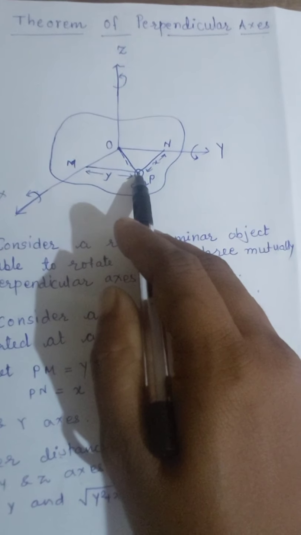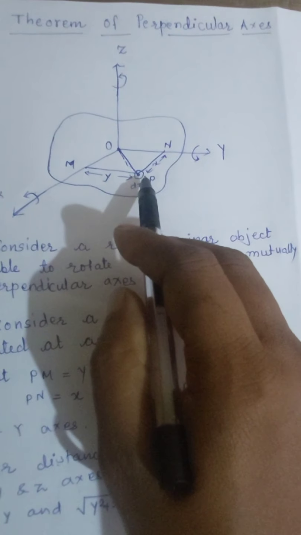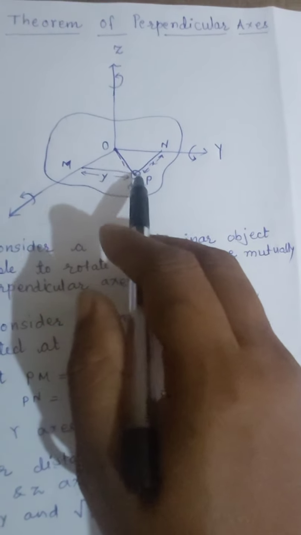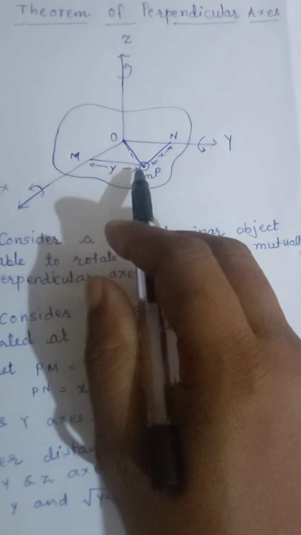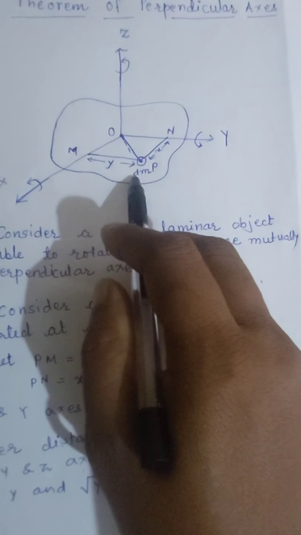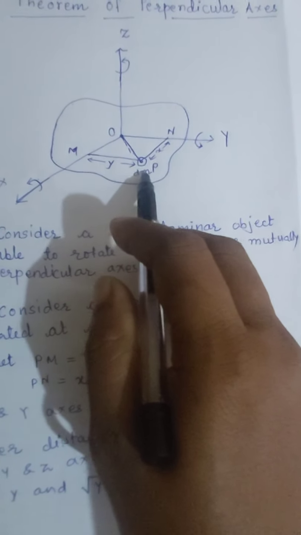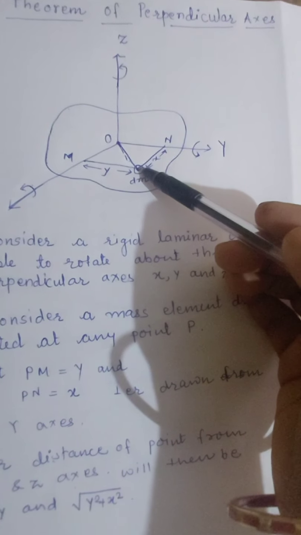According to the definition of moment of inertia, you should know the distance of this point from the axis of rotation, and also you should know the mass. Let the mass be small dm, and let us draw the perpendiculars.